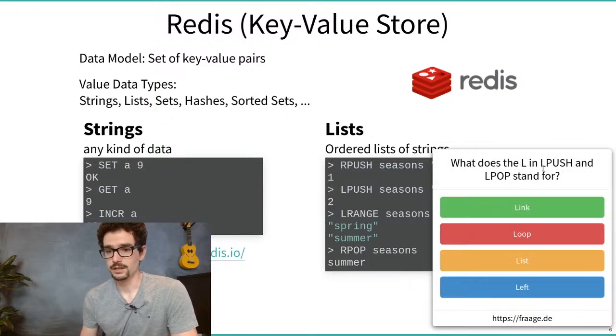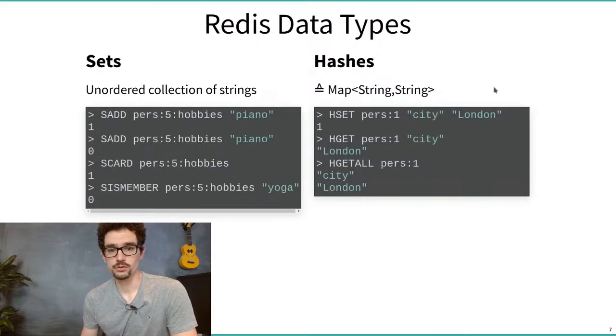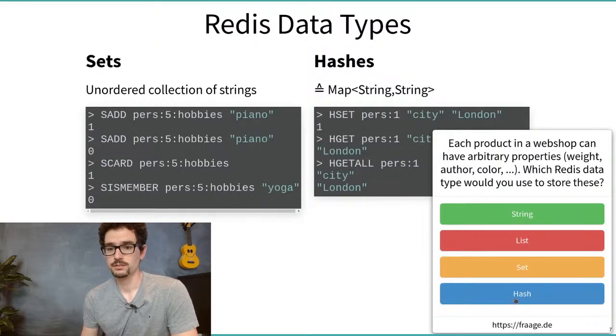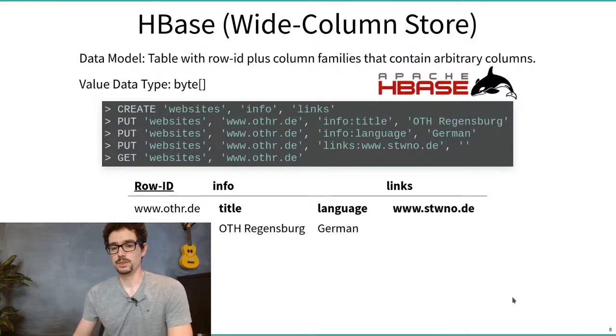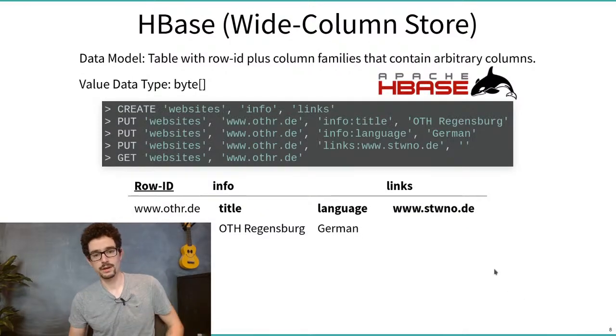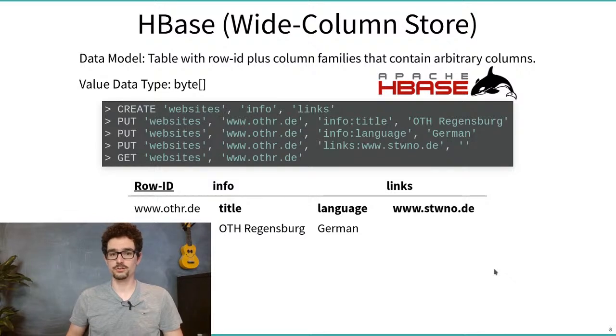The L in L push stands for adding something on the left. We saw sets and hashes as other data types, but that's basically it. Redis is not a full alternative to a relational database. You can do very limited things, but very fast.